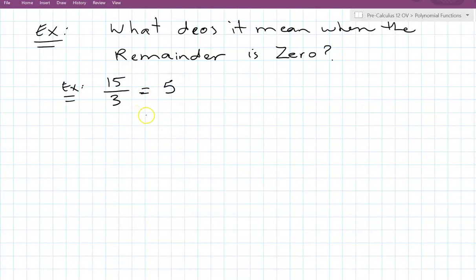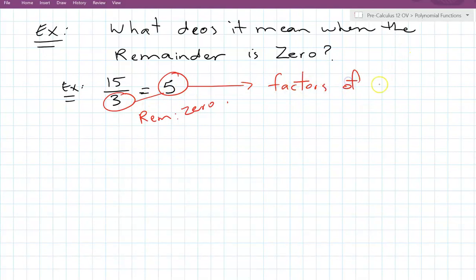The remainder is 0. So that means 5 and 3, both of them, are factors of 15. Whenever the remainder is 0, you know that your divisor and quotient are the factors of the dividend. Okay, I need you to pay attention to that.